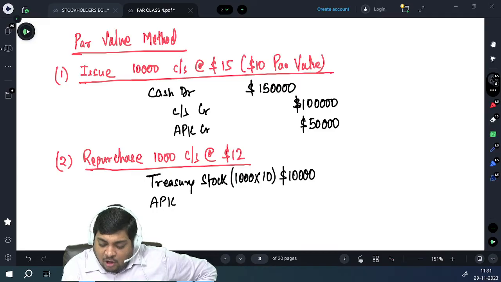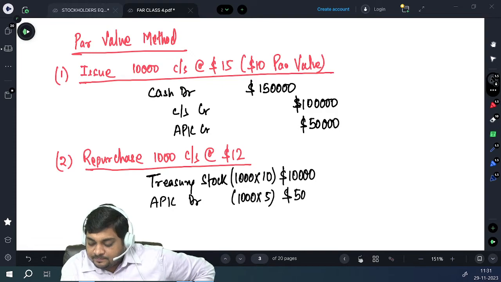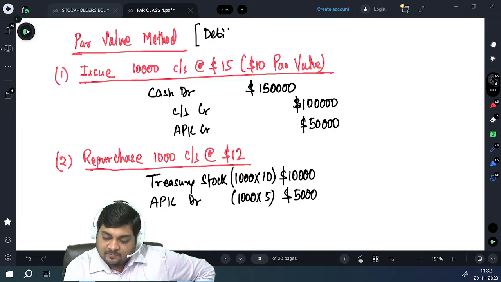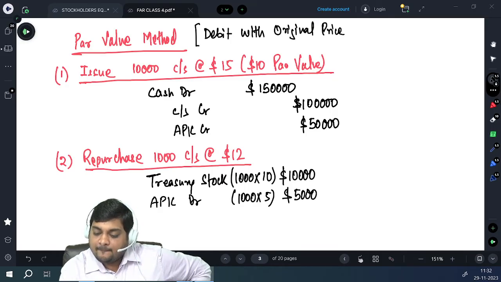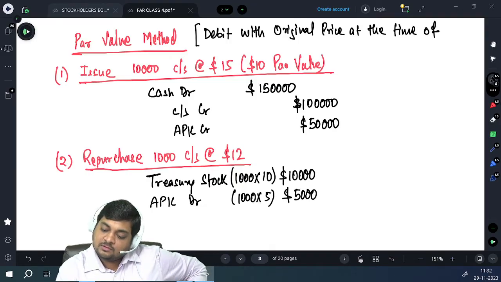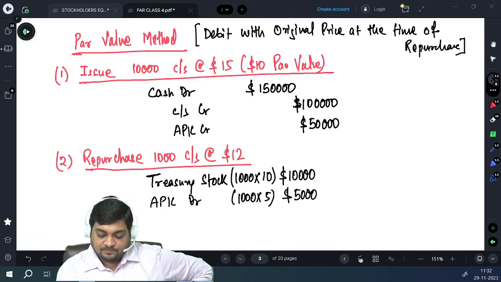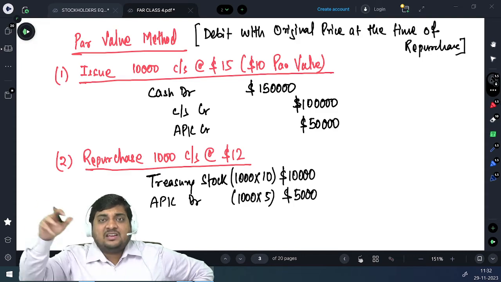Additional paid in capital will also be debited, just like retirement. Debit with original price at the time of repurchase. We haven't debited at the time of retirement directly, we cancel it.